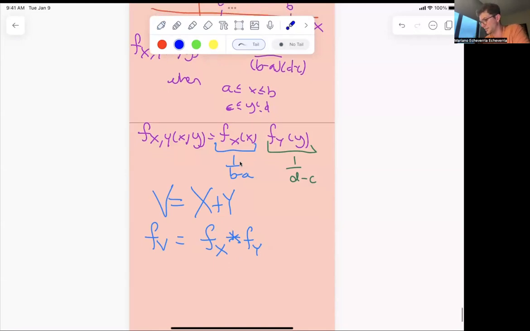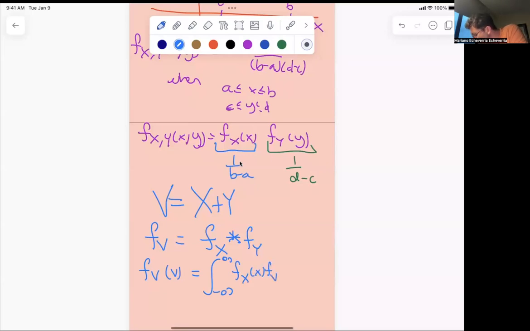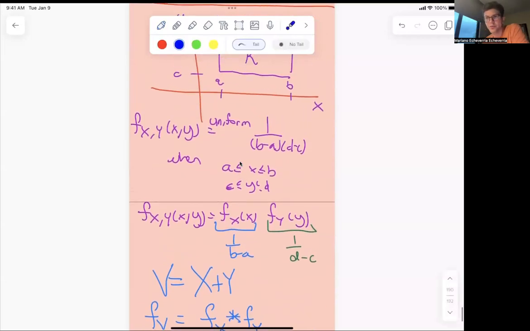So f of v is an integral from minus infinity to infinity. If you look inside the integrand, it is a product, but one of the arguments was shifted. That's what messes up the comparison with the uniform distribution of two variables.